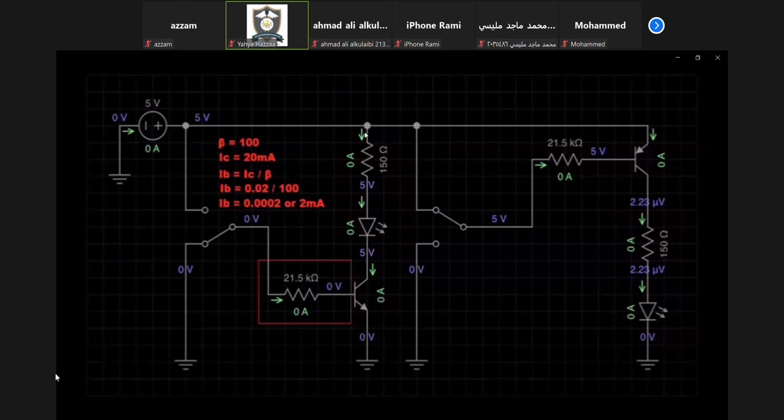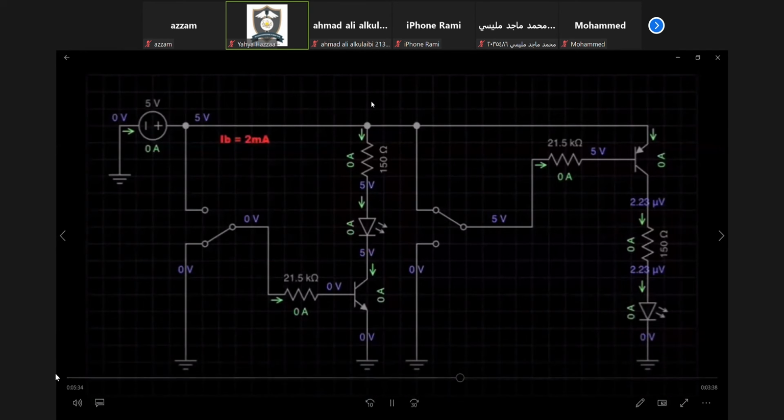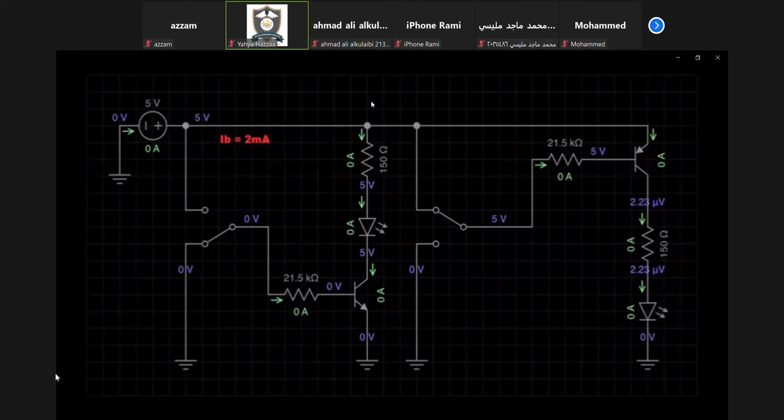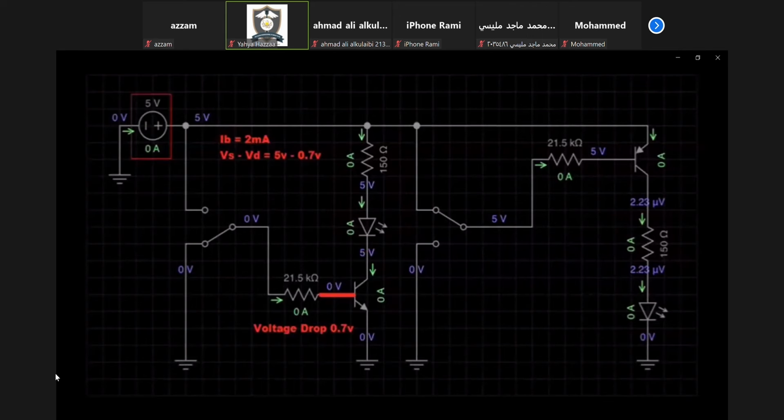So we know that the base current is 2 milliamps. What we also need to consider at low voltages is a voltage drop which will occur over the base. The voltage will drop by 0.7 volts. We will simply subtract the amount from the voltage supply. So 5 volts minus 0.7 volts equals 4.3 volts.